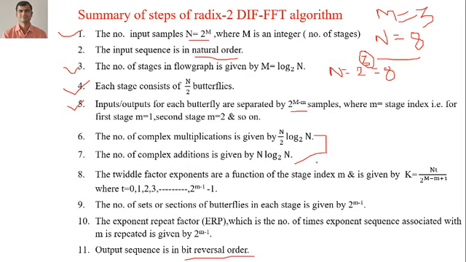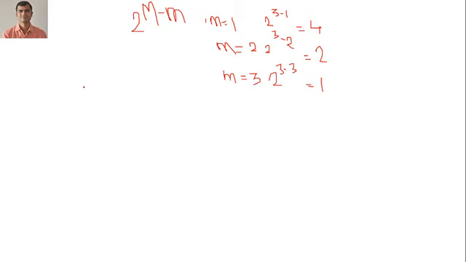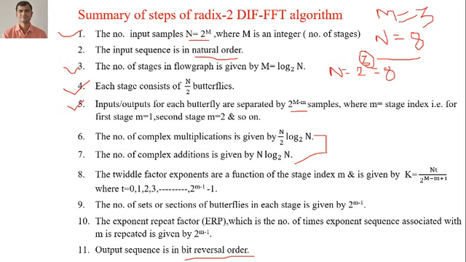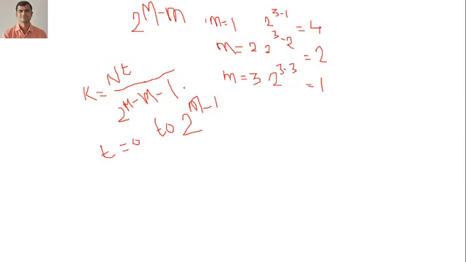So let me show you here: K is equal to N t by 2 raised to capital M minus small m plus 1, and the range of t is 0 to 2 raised to m minus 1 minus 1.